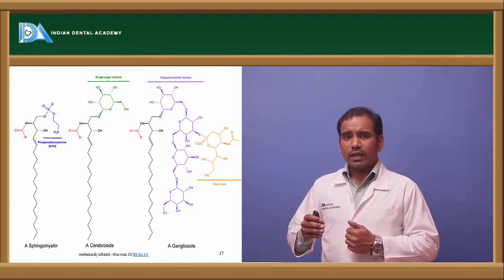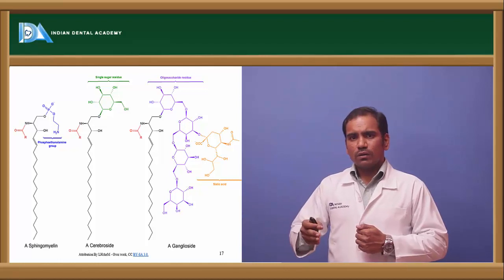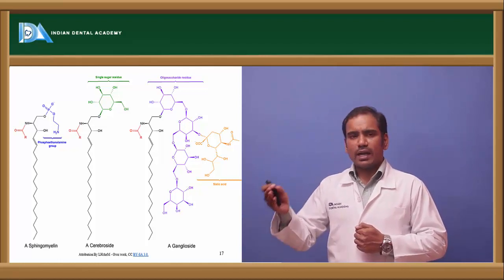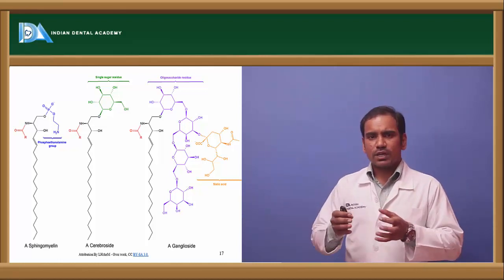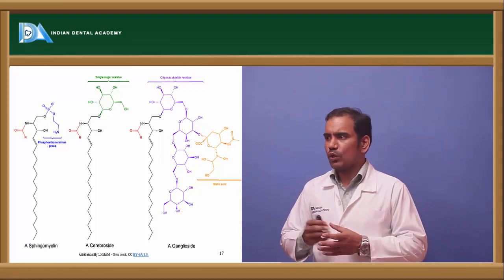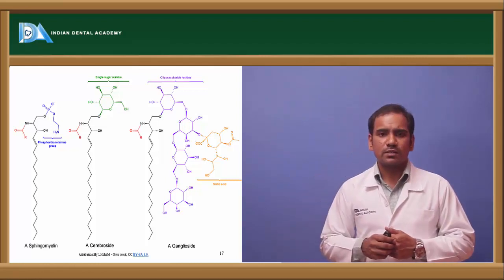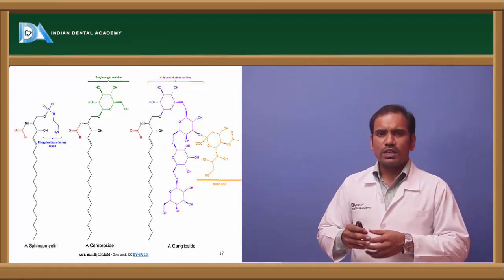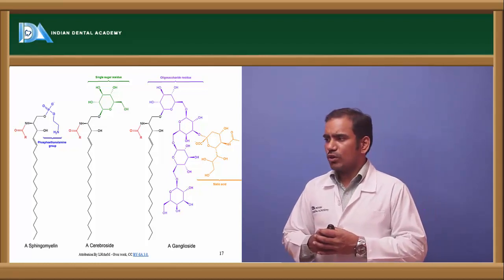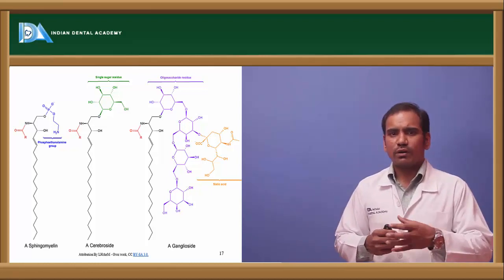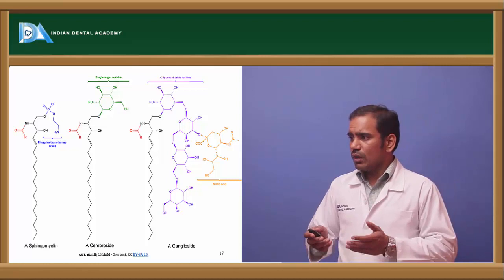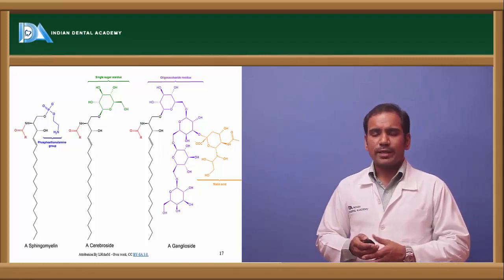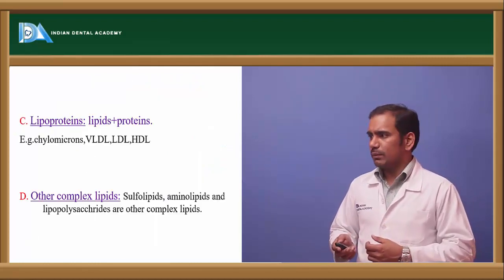So glycolipids which have sialic acid, or N-acetylneuraminic acid, in their composition, we call gangliosides. These are the most complicated, complex type of glycolipids. So this is about glycolipids, another type of compound lipids.